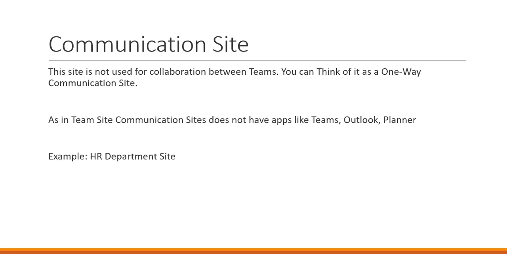For example, suppose in an organization there is an HR department, and the HR department has created a communication site where it will post some news, birthday notifications, awards, or employee of the month. These types of information the HR team needs to share with their employees. So it's like one-way communication.